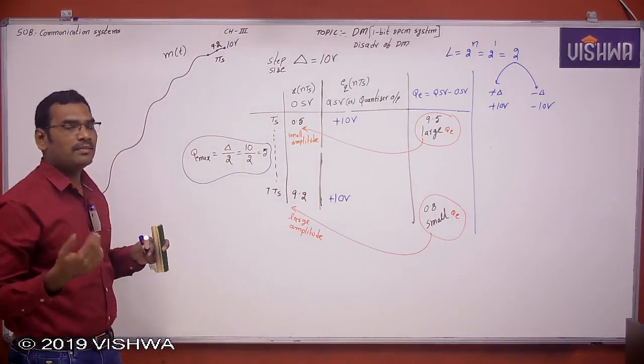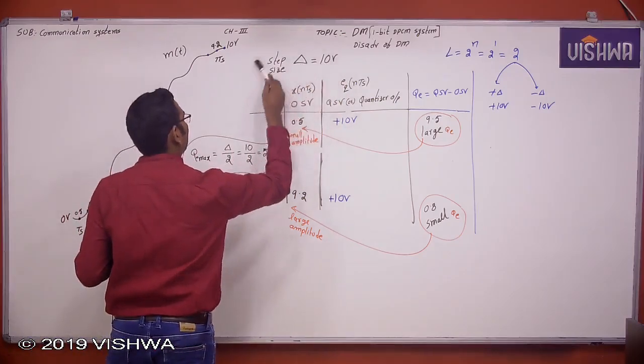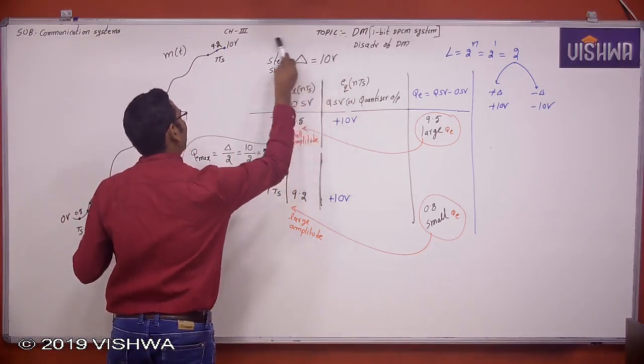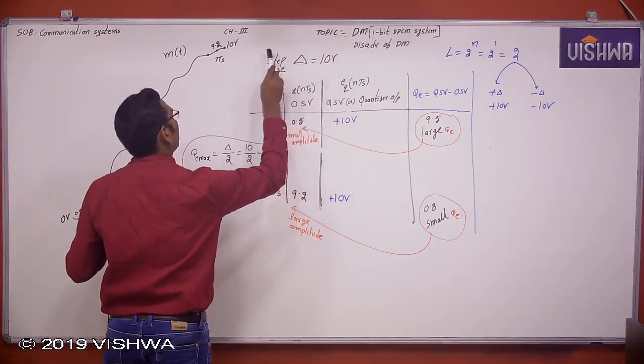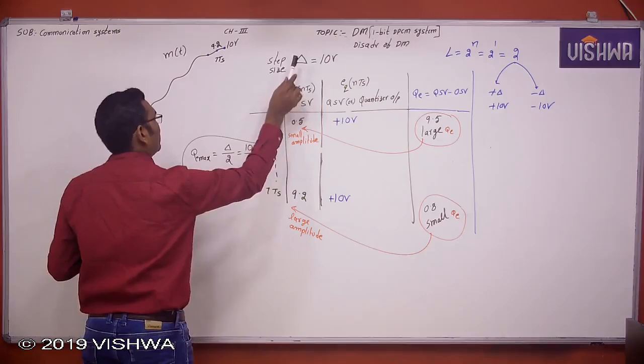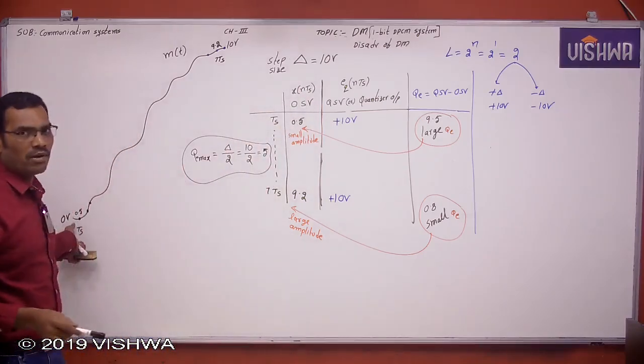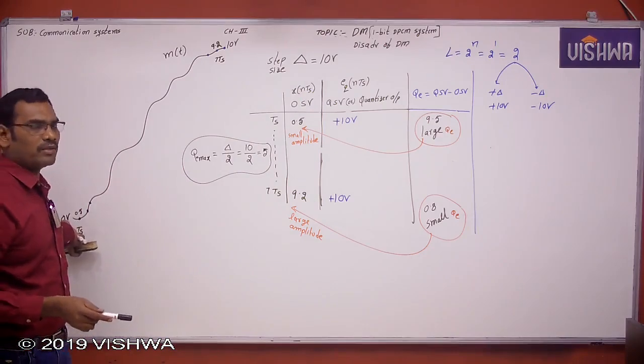Therefore, what I am saying is about how you select this step size, which is good for the larger amplitudes, but the step size you are choosing is not suitable for the smaller amplitudes, but this is also information.